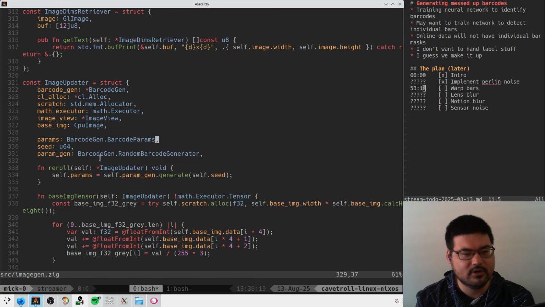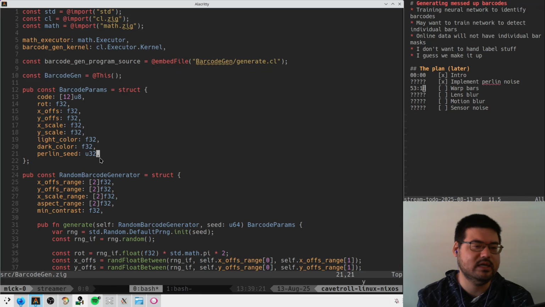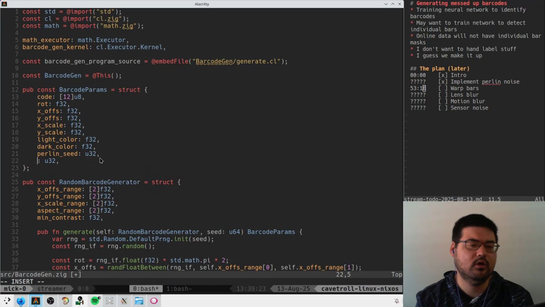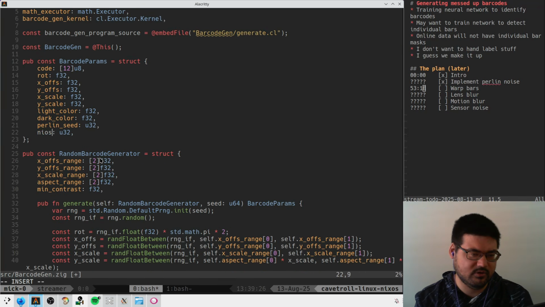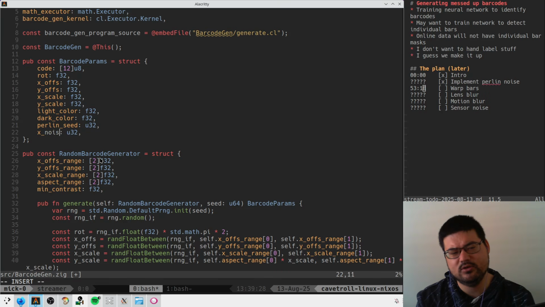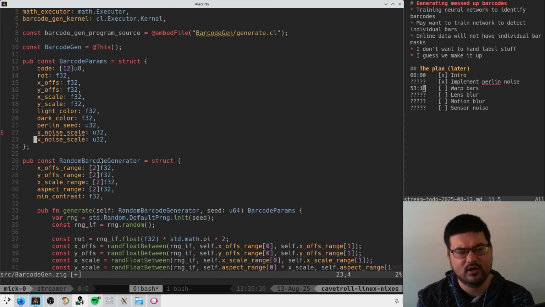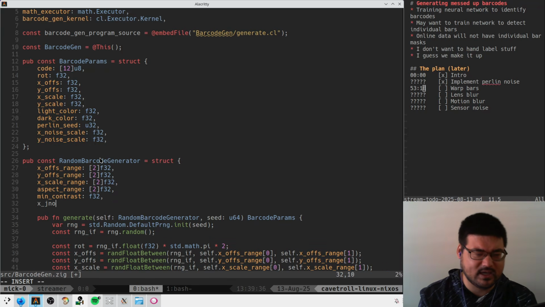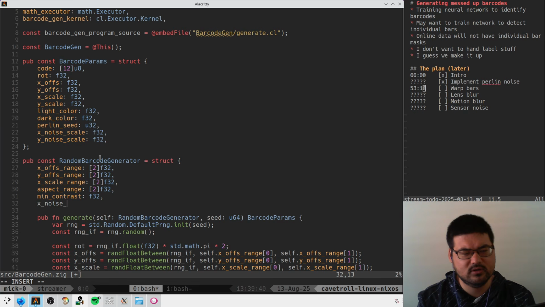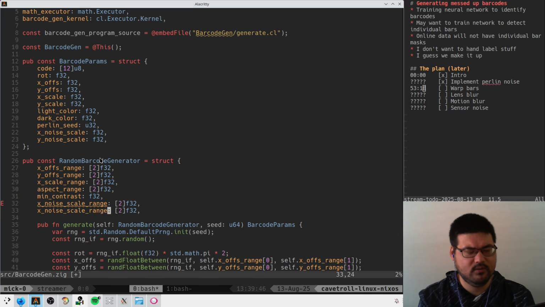So parameters, we have Perlin seed. What do we call this? I don't know, like X noise scale and Y noise scale. These are F32s. And then we'll put these in our randomization parameters as X noise scale range.